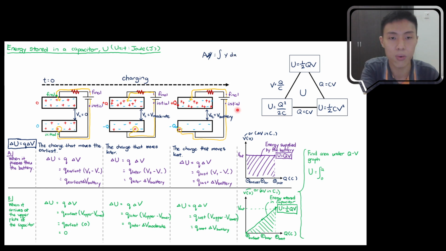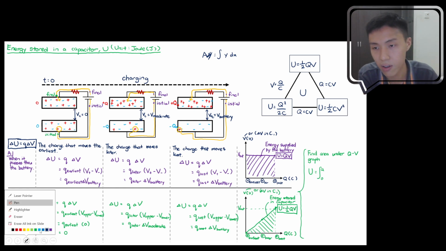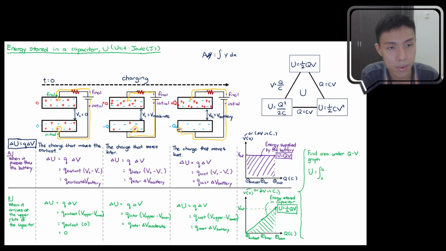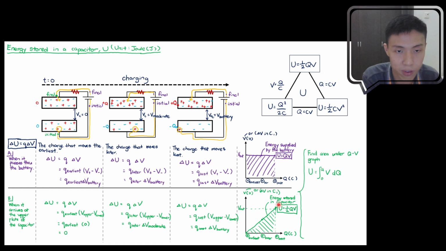So right now our Y is the voltage, so we're going to put voltage inside here, whereas the X over here is our Q, so we're going to put dq over here. So this is the equation that helps us to determine the area under the graph. So you go from 0 to Q for your charge, and this line over here is the Y, right? Y is our V, whereas the dx over here is dq.